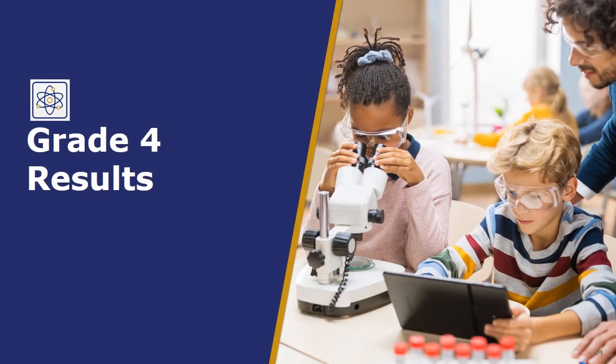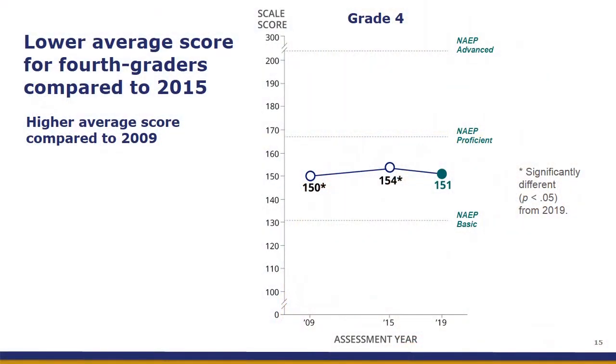Now that we have the overview picture, let's take a closer look at each grade, beginning with grade 4. Here you see the grade 4 science results for the first year, 2009, and the previous year, 2015, and the most recent year, 2019.